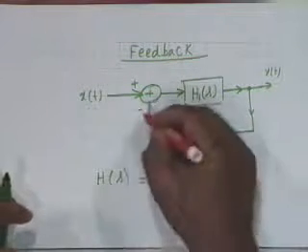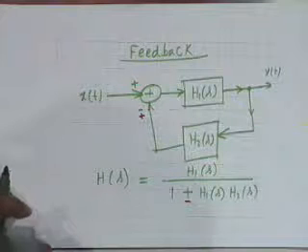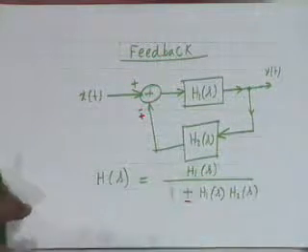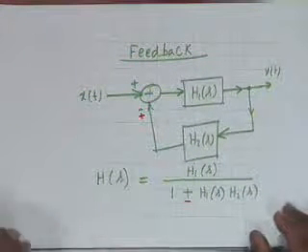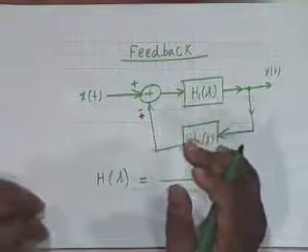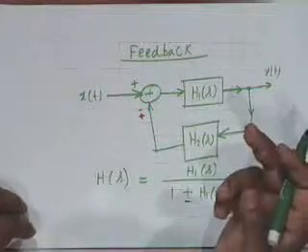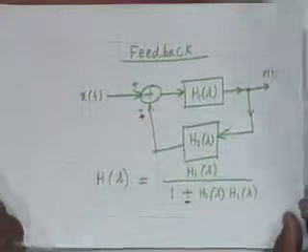If this sign is plus, then this sign becomes minus. If this is subtraction, then it becomes addition here. So, this is the third type of interconnection, and almost any practical system can be looked upon as a mixture of all the three kinds of connections, that is series, parallel, and feedback.